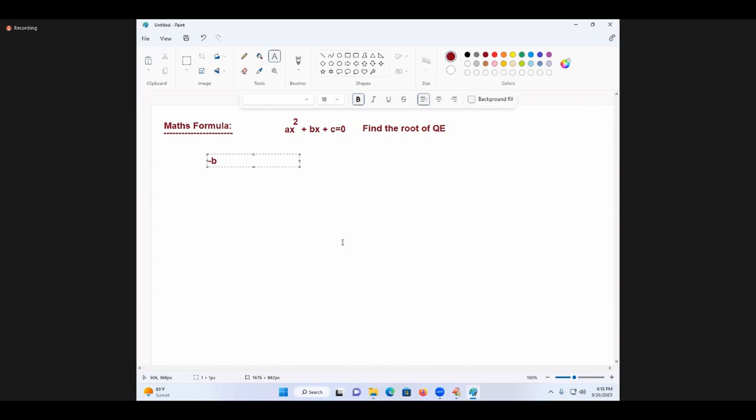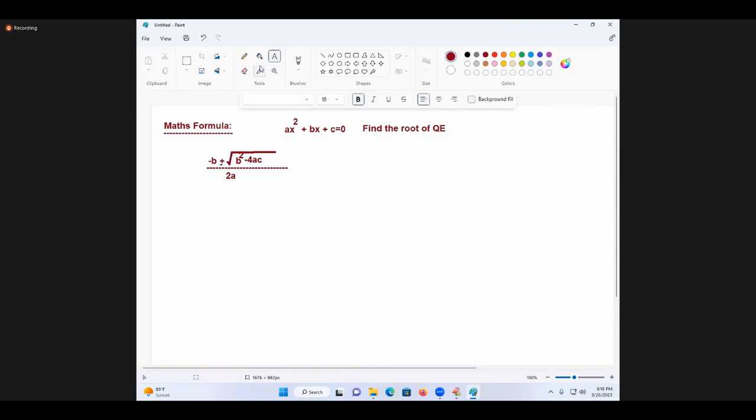There is a formula: minus b plus or minus the square root of b square minus 4ac, whole by 2a. I'm writing b square minus 4ac on the top, whole by 2a.